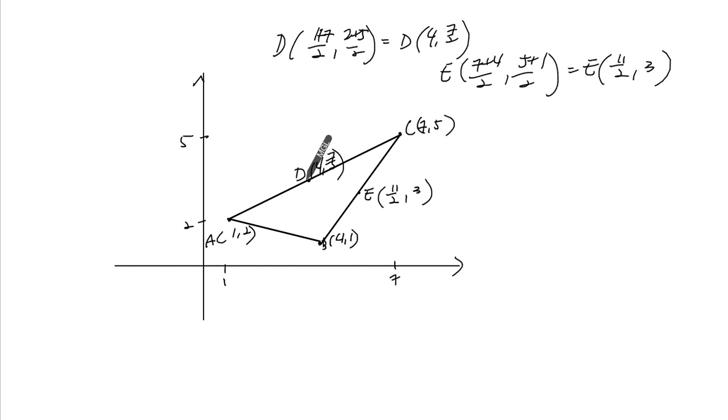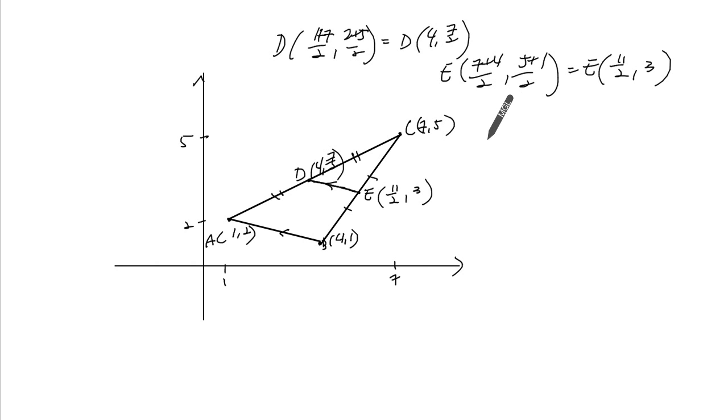Okay, so we found the midpoints, and the midpoints make these two lengths the same, which makes these two lengths the same. This line here is going to be perfectly parallel to AB. So let's check that.